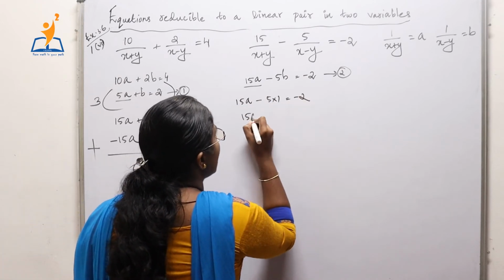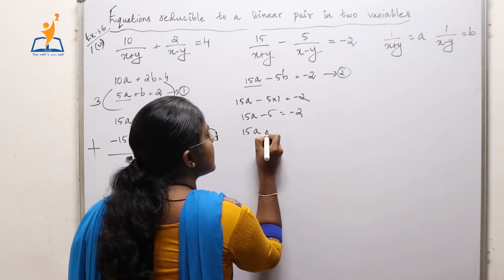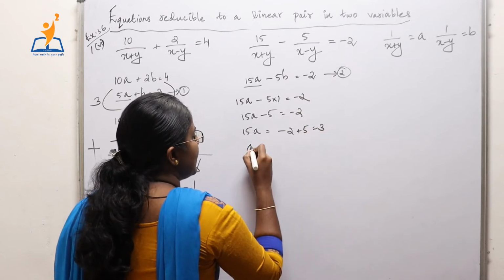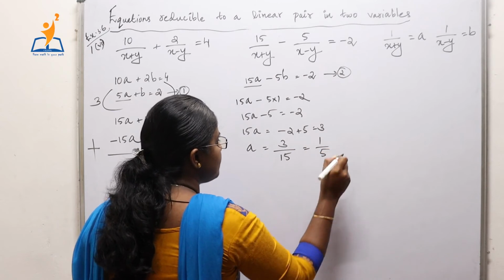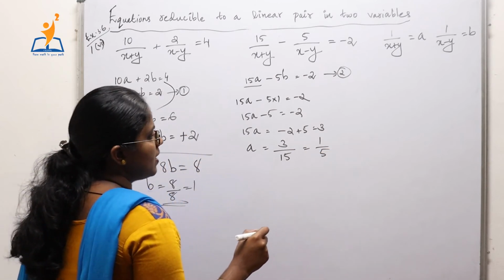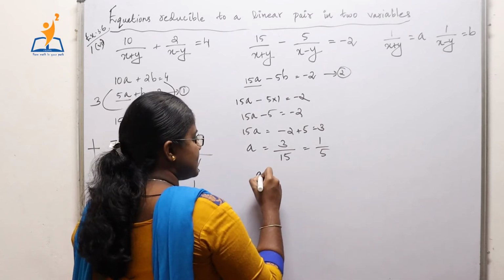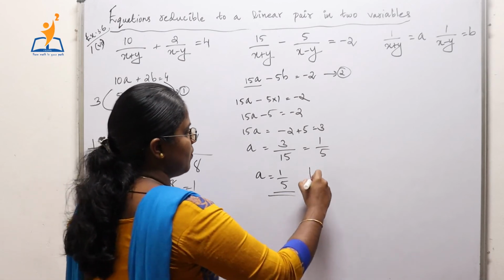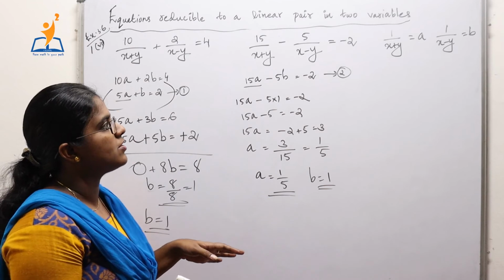So 15a minus 5 is equal to minus 2. 15a is equal to minus 2 plus 5, which is equal to 3, and a is equal to 3 by 15, that is 1 by 5. So we got a is equal to 1 by 5 and b is equal to 1.